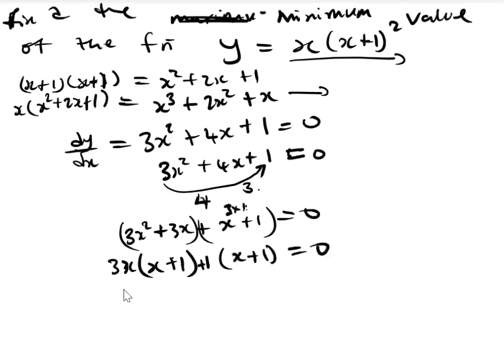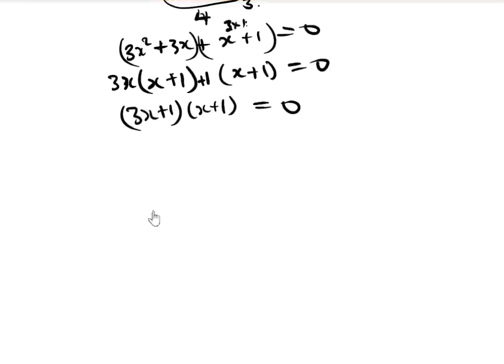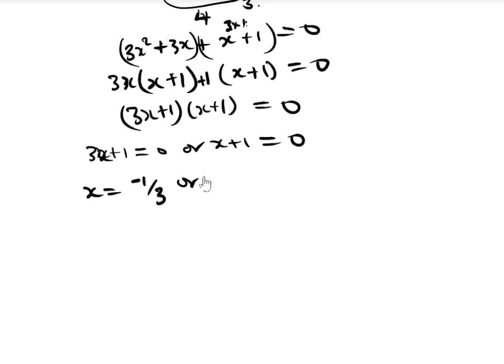And I have 3x plus 1 and x plus 1 as the factors. This implies that 3x plus 1 is equal to 0, or x plus 1 is equal to 0, and x is equal to minus 1 over 3 or minus 1, if you make x the subject.